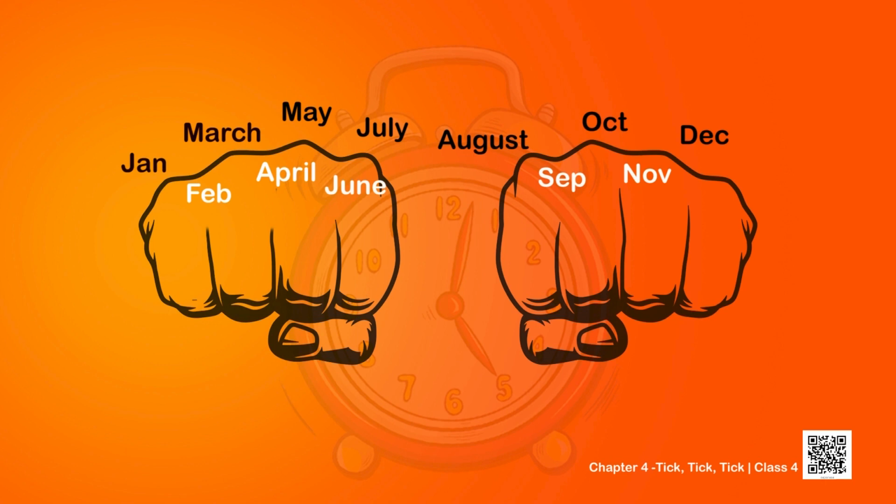Okay, now the months which were in the valleys have 30 days, except, correct, February. February does not have 30 days, it will have 28 or 29 days. Now, is it easy to remember the number of days of the months?